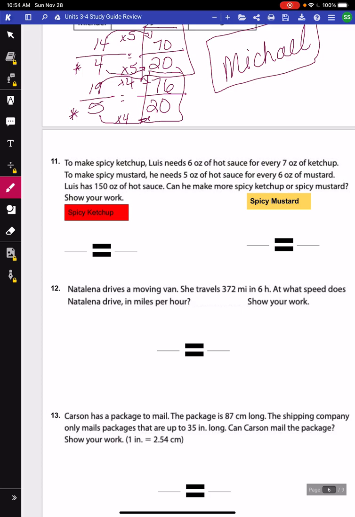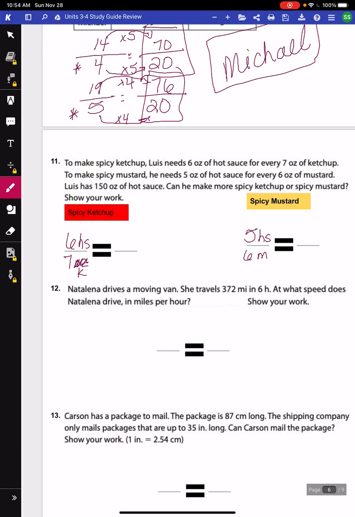Well, the spicy ketchup tells us he has 6 ounces of hot sauce for every 7 ounces of ketchup. All right. I should make that a K for ketchup. And then the spicy mustard, we have 5 ounces of hot sauce for every 6 ounces of mustard.